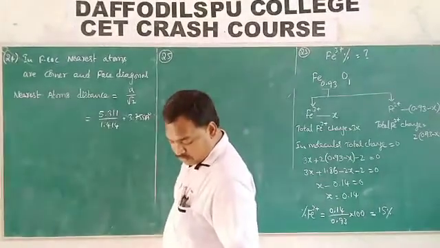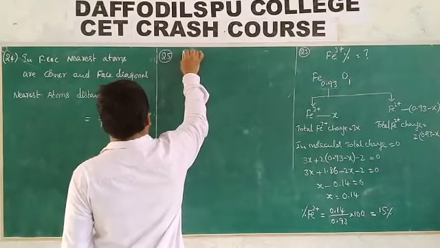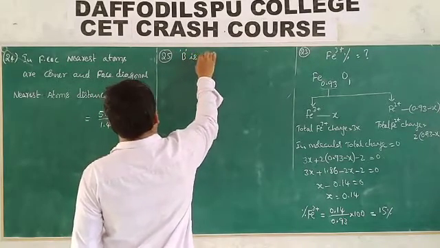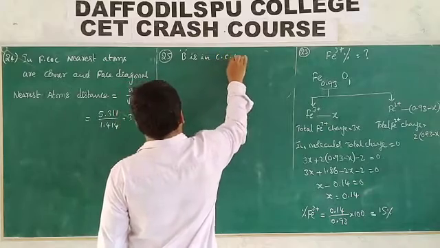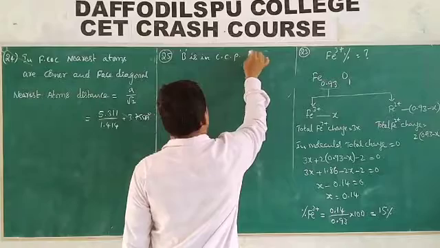So B forms the close packed lattice. B is in CCP, cubic close packed lattice.